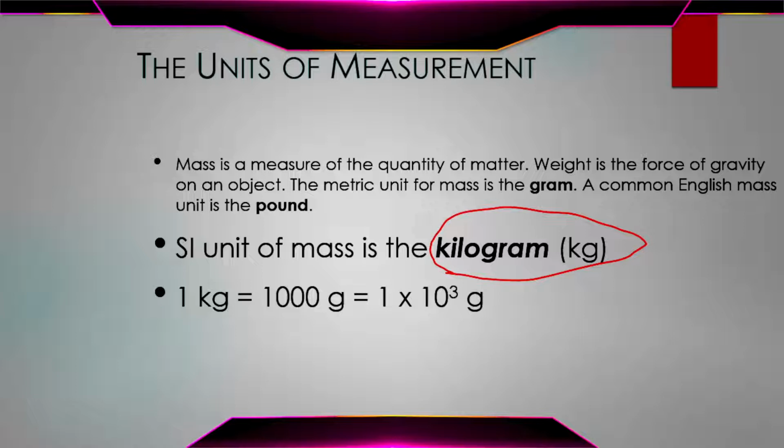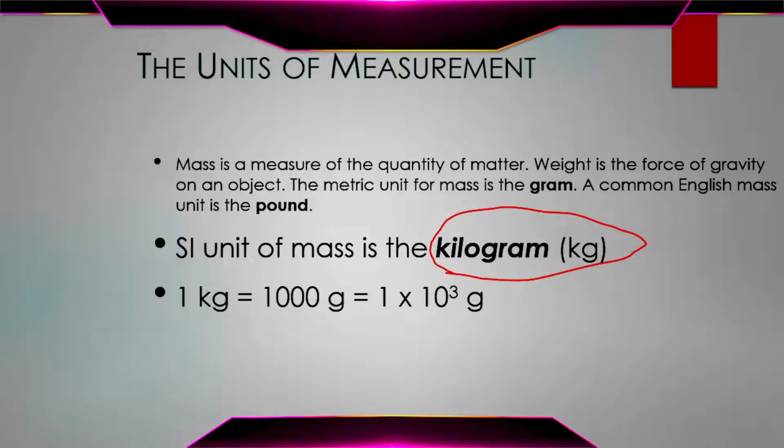We know that 1 kilogram is how many grams? 1 kilogram is 1,000 grams. And then 1 gram is 1,000 milligrams. And then 1 milligram is 1,000 micrograms.